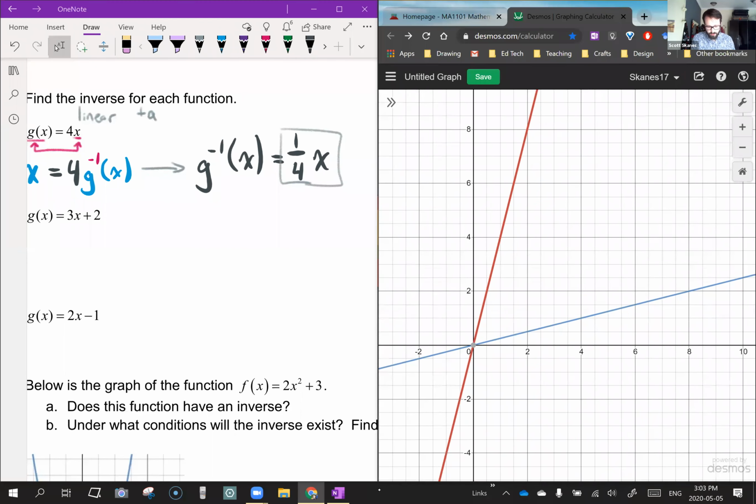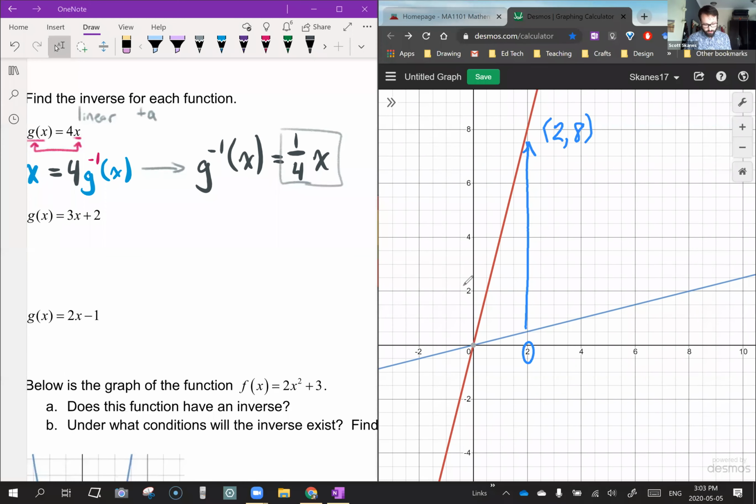So for example, look over here. When x was 2 in the original function, it gave us back 8. So really this is the point (2, 8). The inverse function, instead of doing that, should have the point (8, 2).